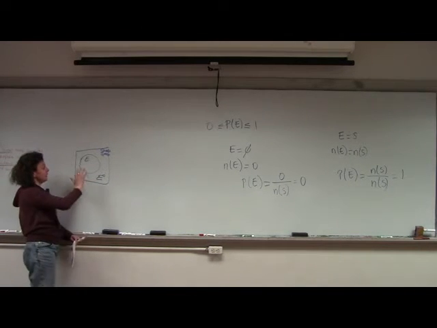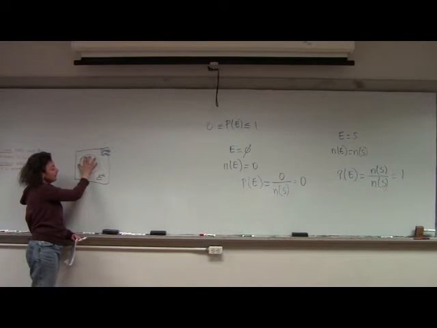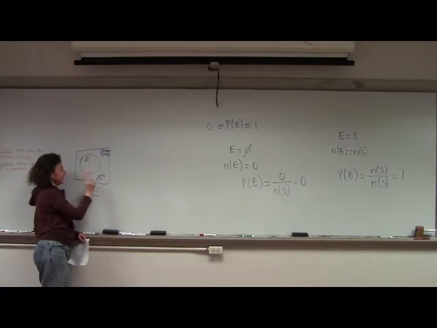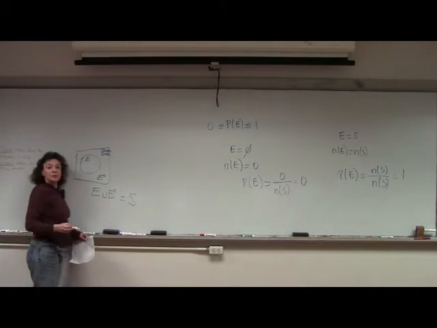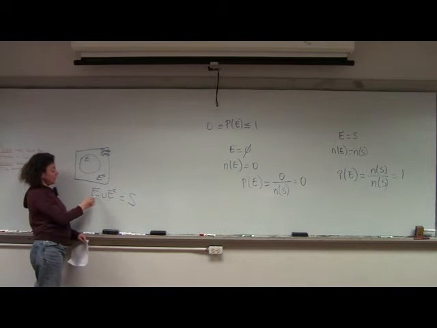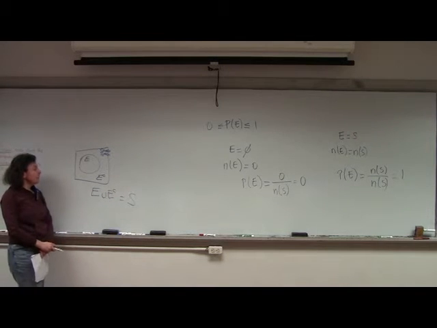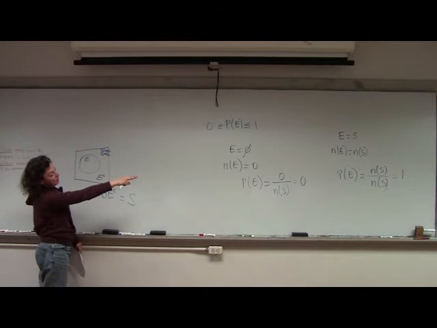Remember, the complement of a set is everything in your universe, i.e. sample space, that's not in that event. So we know that if we take E and union it with its complement, we get everything. We'll call that S, right? I mean, everything in E joined with everything not in E gives us everything. Now, let's also talk about what the probability of our sample space is. Well, we pretty much did it over there.